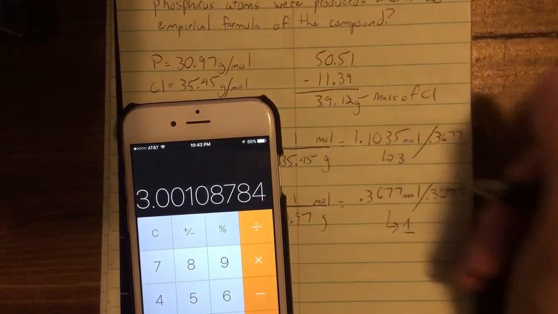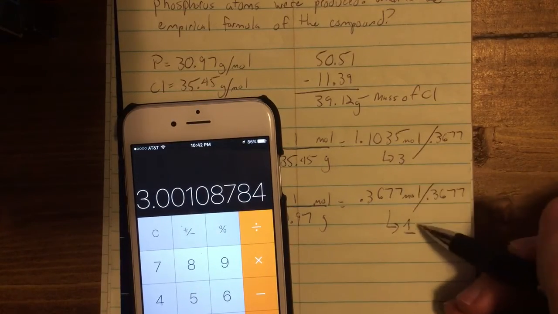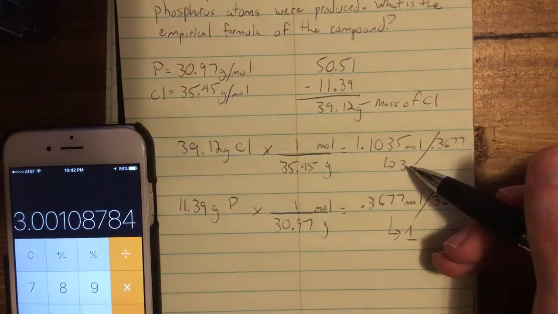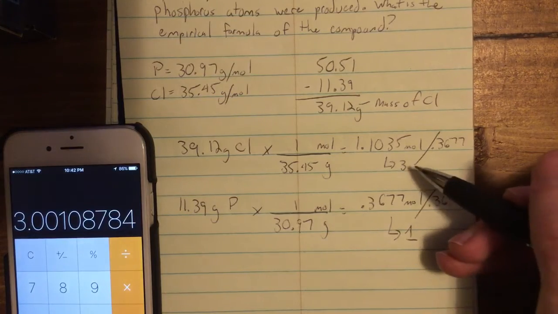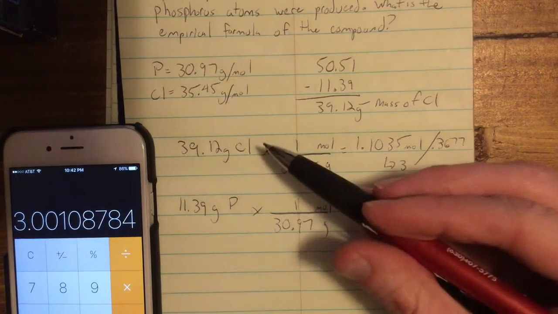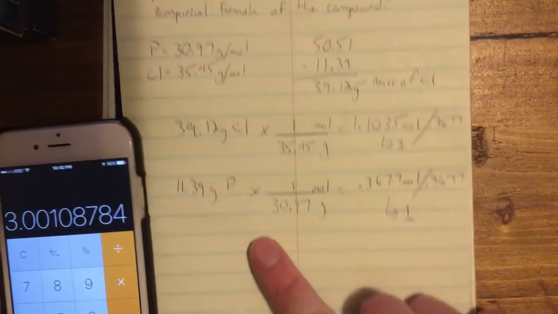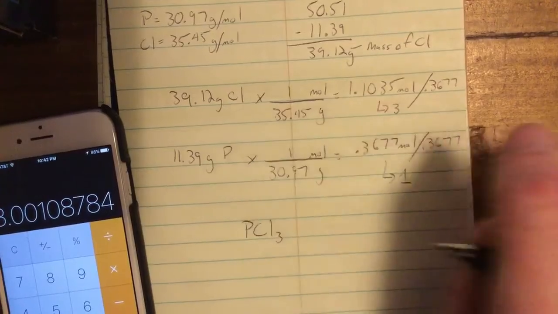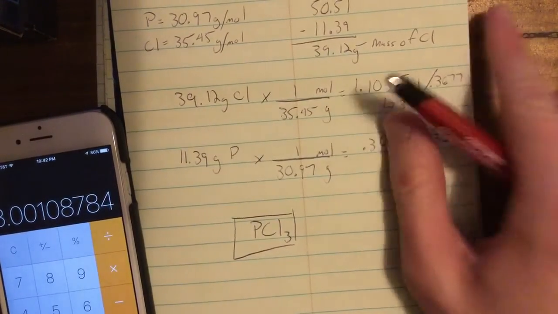So we're going to round that value to 3 because it's very close to it. Okay, so both of these numbers are close enough. There's nothing in between. There's no 3.5s, there's no 1.5s. So we assign the 3 to the chlorine and the 1 to the phosphorus. So my formula now is PCl3, and that would be the empirical formula.